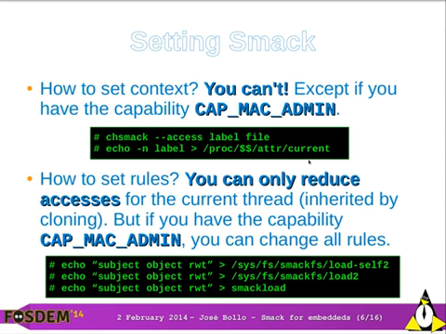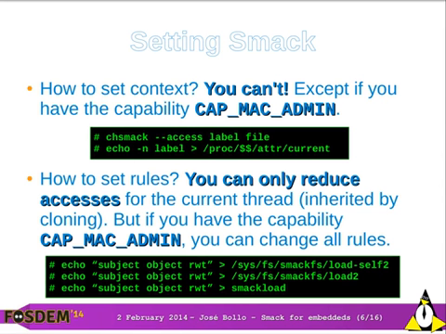Note also that echoing the content of that file will show you your current SMAC label, your current security context, that you can also get with the id command that we already have spoken about.